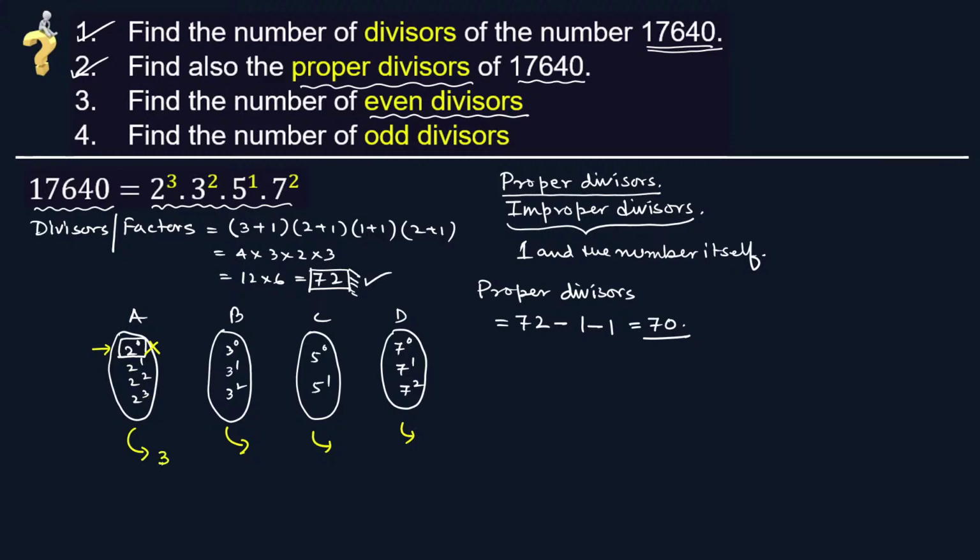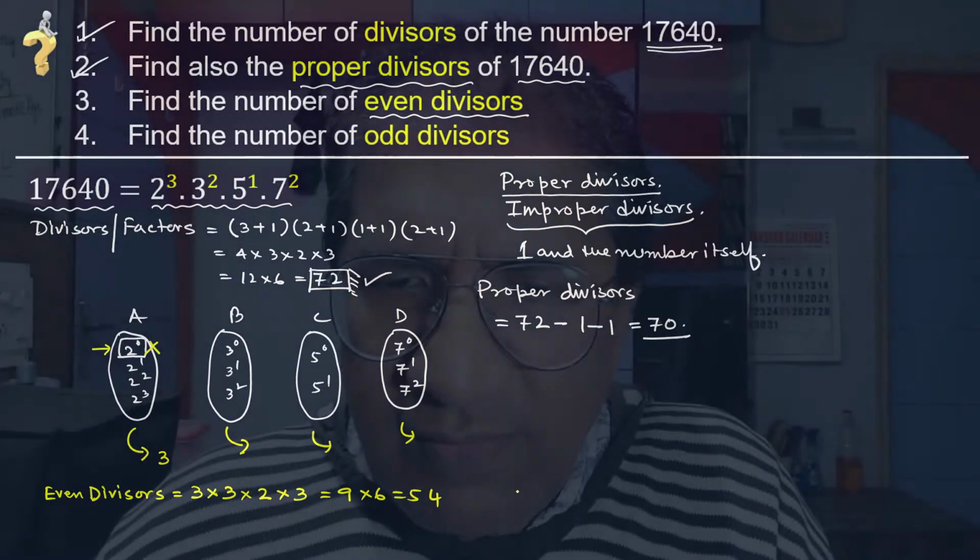So there are 3 ways of choosing one element from set A. 3 elements from B, 2 elements from C, and again 3 elements from D. So total number of even divisors, or factors, whichever way we say, total number of even divisors will be 3 into 3 into 2 into 2. That gives us 54. Am I correct or not?